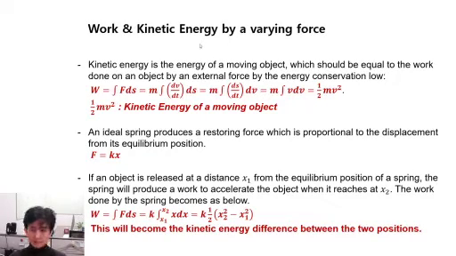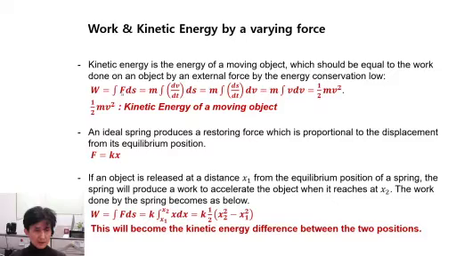There was an example in chapter 6 about the varying force. So I'd like to summarize the kinetic energy by a varying force. Work by its definition is force times the distance. That is, when F changes with distance, it should be an integral of F with respect to ds, that's the displacement.